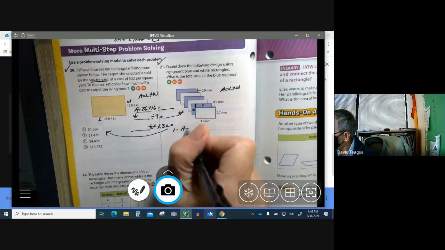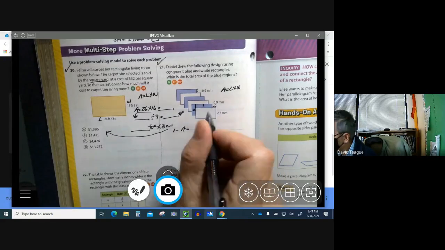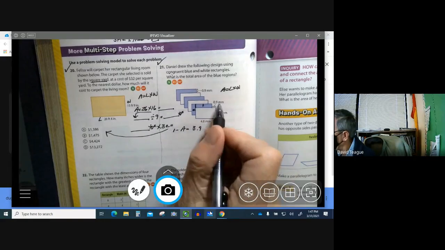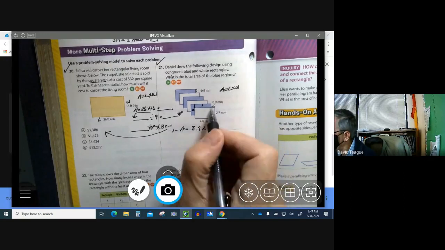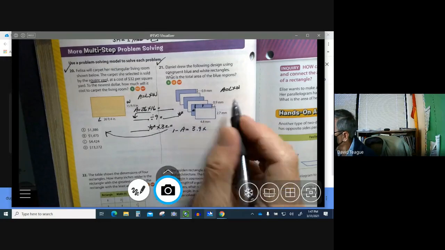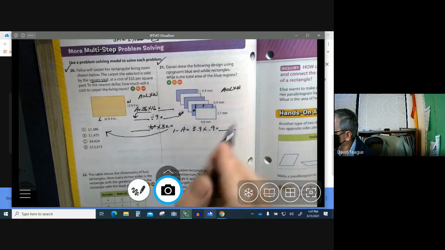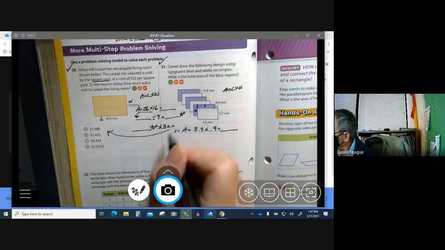The area is equal to 3.9, right? It's 4.8 minus 0.9, so it's 3.9 times, and I know this dimension here is 0.9, right? That's going to give me the area of rectangle 1.